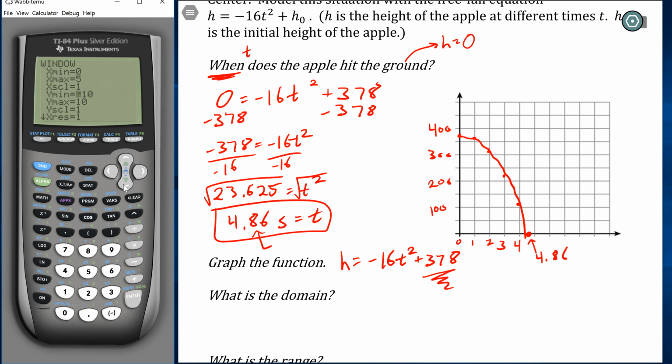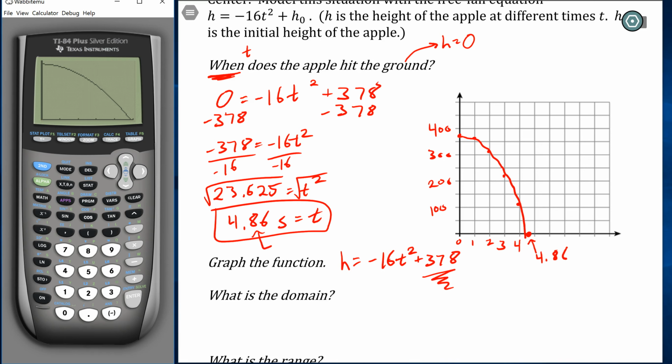The y minimum, well, I'm not going underground, I'm staying at ground level, so the y minimum is 0. And the y maximum I know is 378, so let's just put the window up to 400 so that I can see the top. And let's see what this graph looks like. Hey, there's that nice parabola, and notice it's going down. It's clearly starting at 378 and ending when it hits the ground.